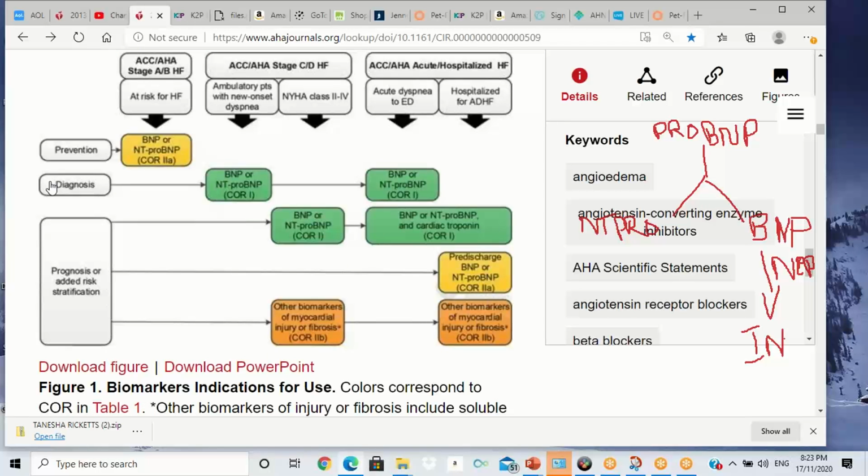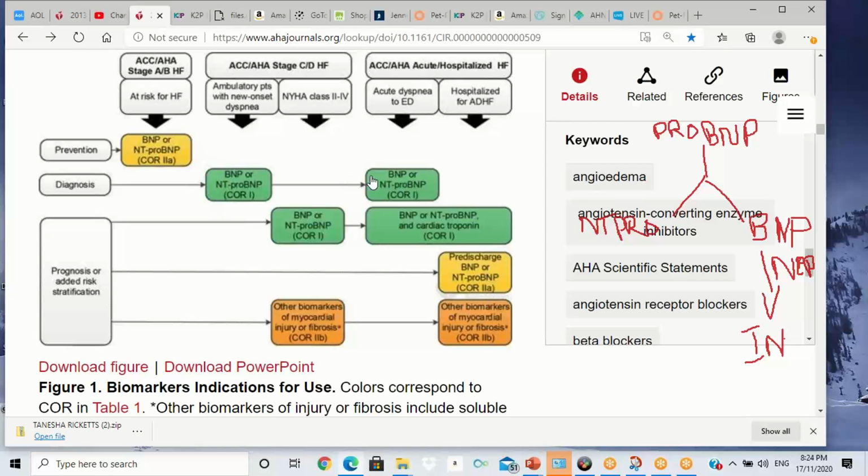Patient comes in with either chronic or acute CHF, you're going to get your BNP or NT-proBNP. Remember, if the patient is on ARNI, Entresto, the BNP is not going to be accurate. It's going to be elevated. So you need to get an NT-proBNP. People doing exams, NT-proBNP level.